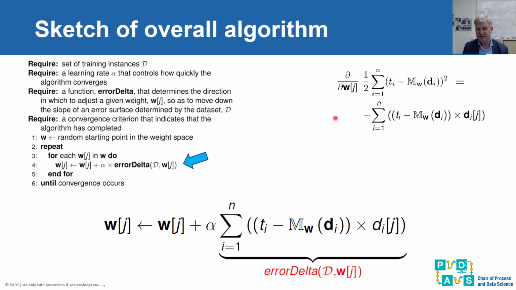So remember that this was our error function. Here we take the partial derivative looking at a particular feature j. Then this is the function that we have. We have a value like this for each of the different features, and we basically use this to determine in which direction to walk.